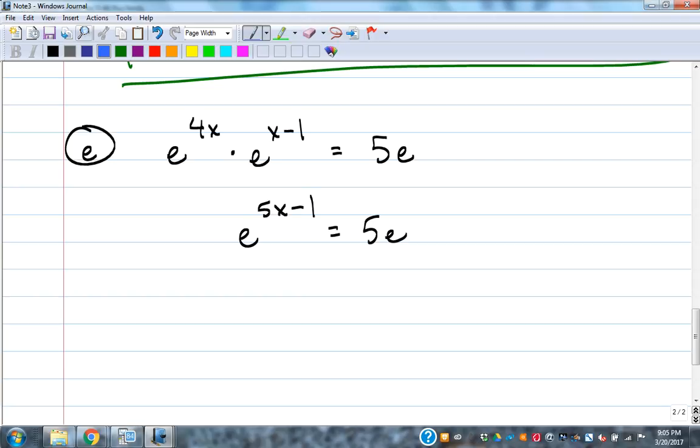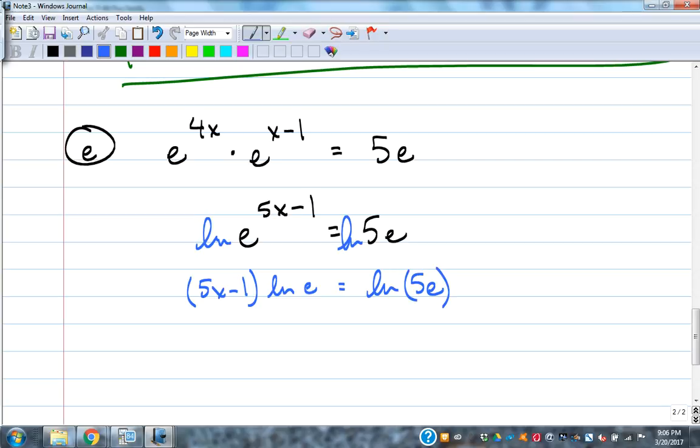Yeah, let's go ahead. We'll have to do something else, but it's okay. So that's going to be 5x minus 1, natural log of e, equals natural log of 5e.